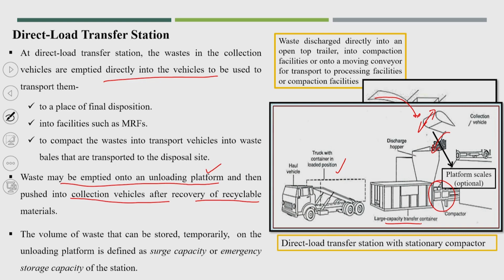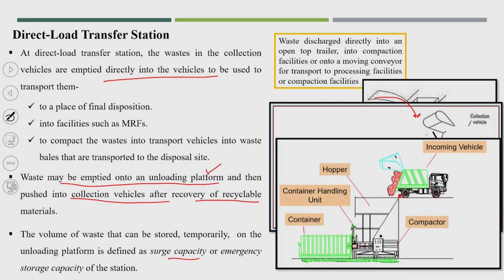The volume of waste that can be stored temporarily on the unloading platform is defined as the surge capacity or the emergency storage capacity of the station, whatever the maximum capacity of that particular station.